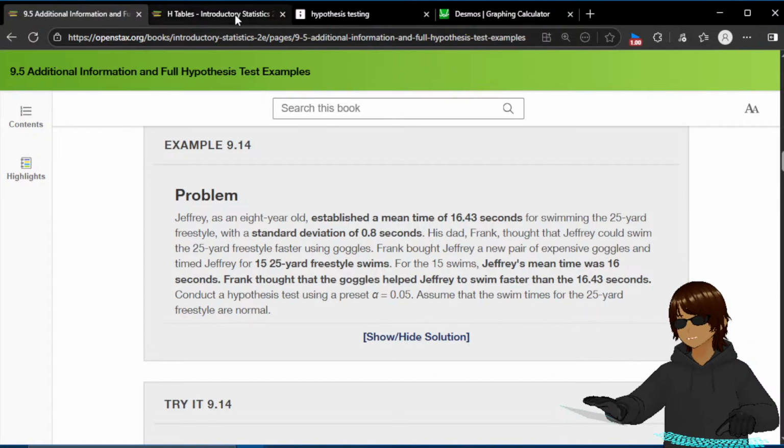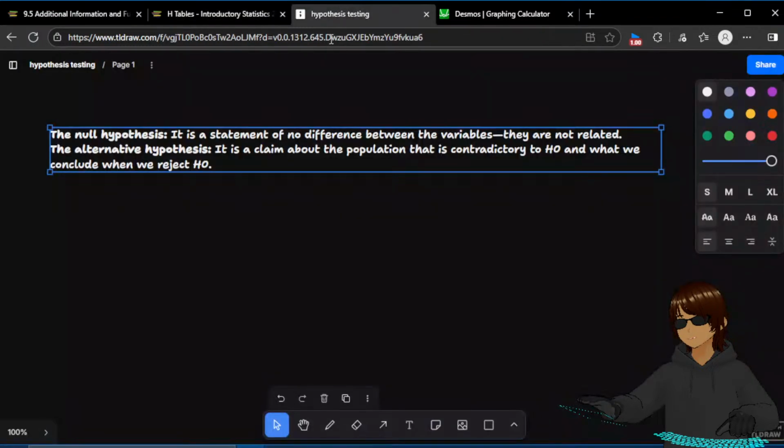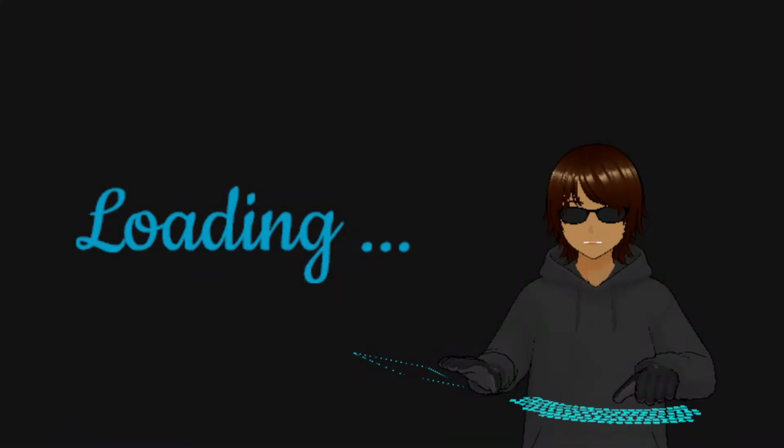Okay, so this is example 9.14. Wait, something is wrong. Something is wrong with my tablet. I will just restart it and I'll try to work at it again.